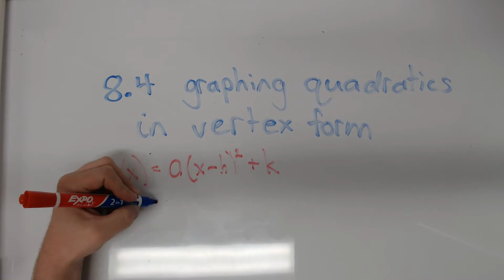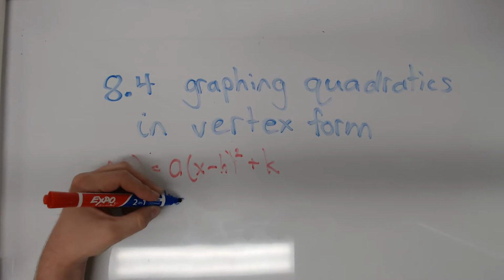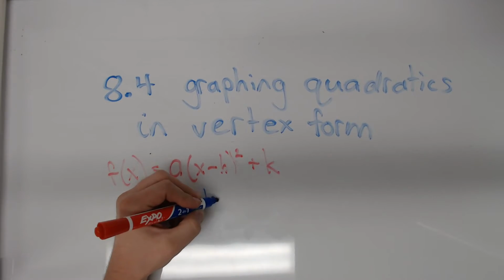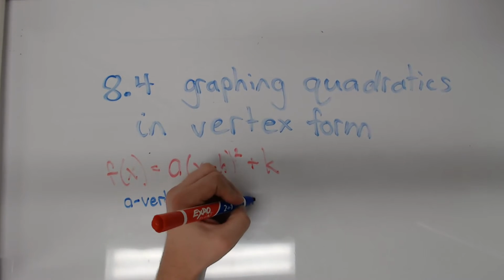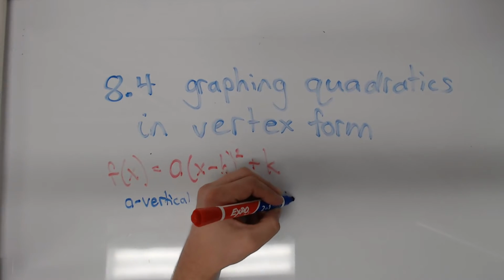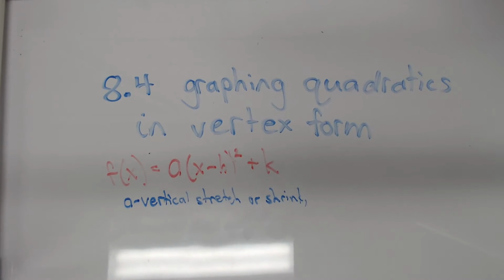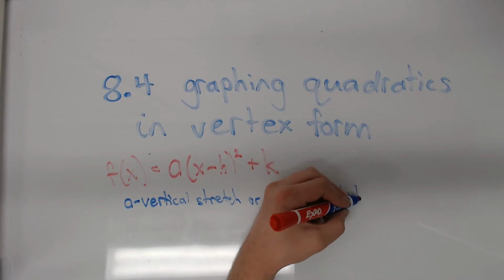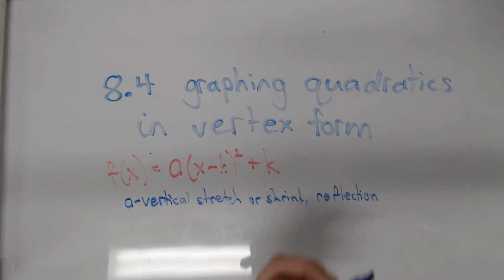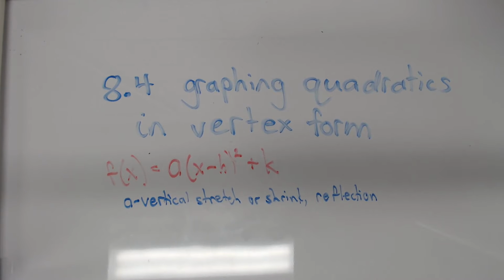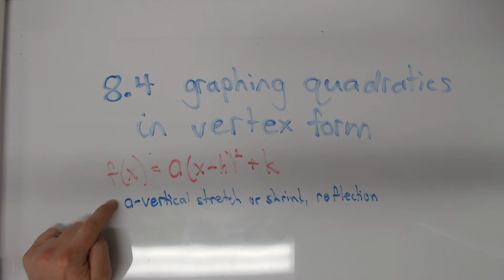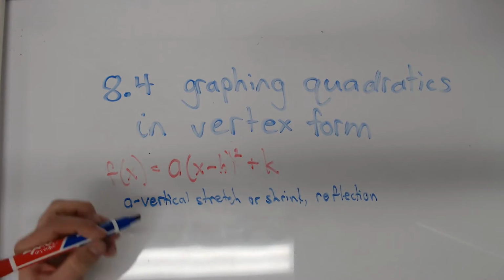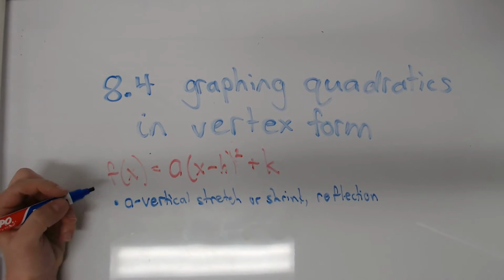A is supposed to be the vertical stretch or shrink. A can also be the reflection. So A really has two options. Depending on if it's positive or negative, it can actually cause a reflection too. That's the same as everything else in this unit so far. A has always been the stretch or shrink.